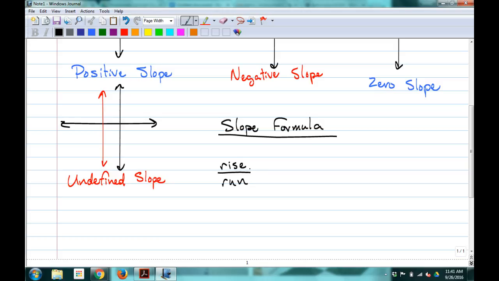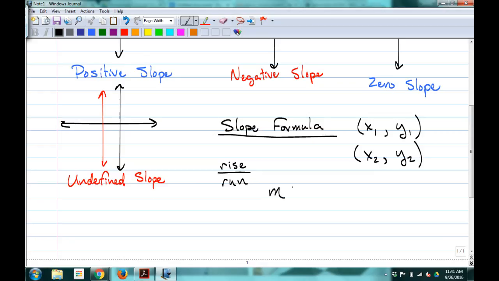Okay, rise is on top, run on the bottom. And what we're talking about when we talk about slope formula is taking two ordered pairs. So we might have one ordered pair called x1, y1, and a second ordered pair, x2, y2, okay?